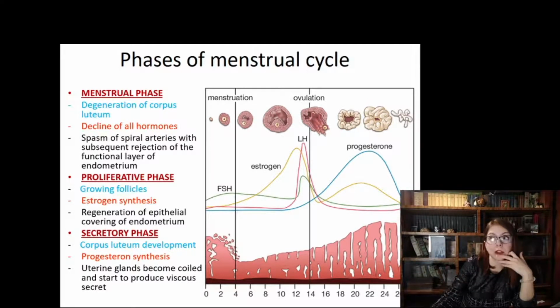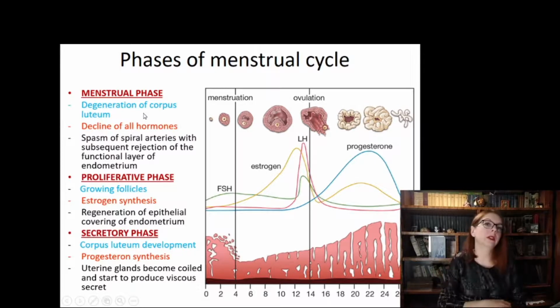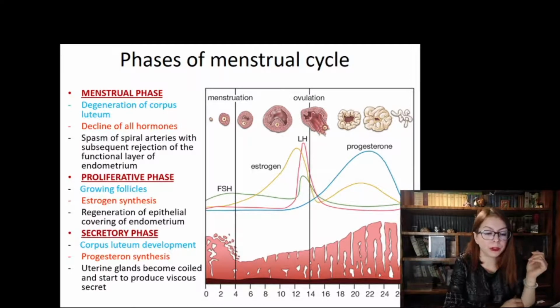And in case it degenerates, we start from the menstrual phase. Menstrual phase begins because in the absence of yellow body, we can see decline in progesterone and estrogens. As there are no growing follicles, no yellow body, then spiral arteries start to contract as they do not get hormones enough to perform their function.